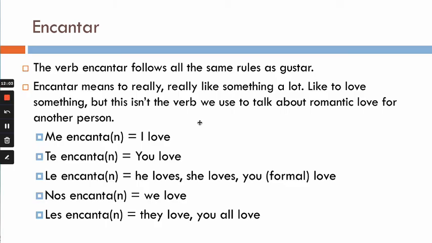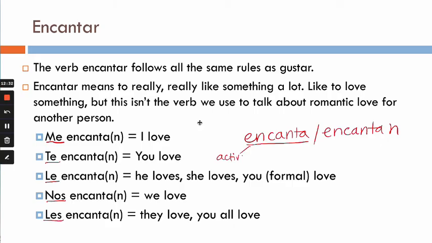So they follow the same rules. You're going to use your indirect object pronouns. That's your me, te, le, nos, and les. And it's only going to conjugate as either encanta or encantan. And again, how you conjugate it depends on what you love. So encanta could be for an activity, right?